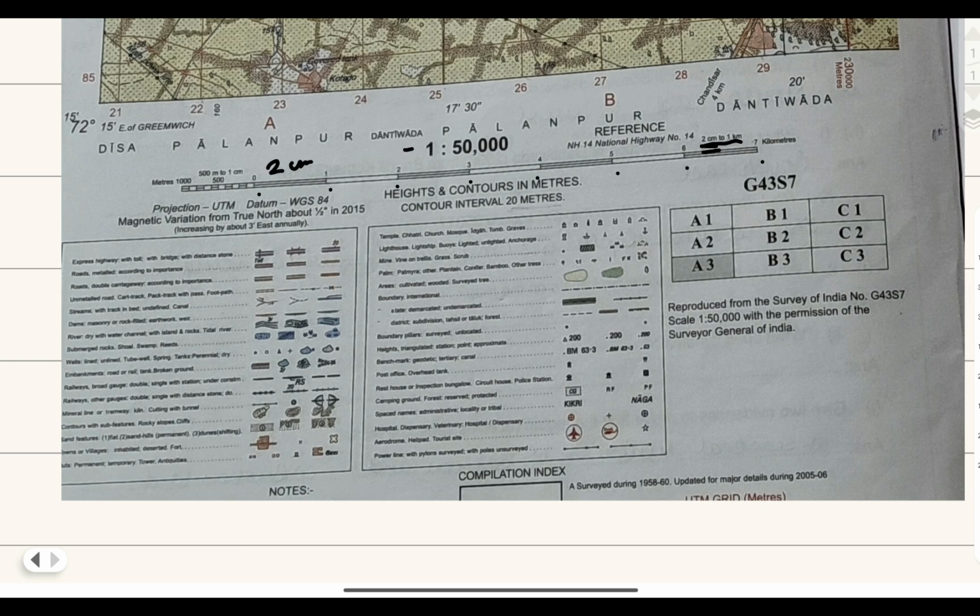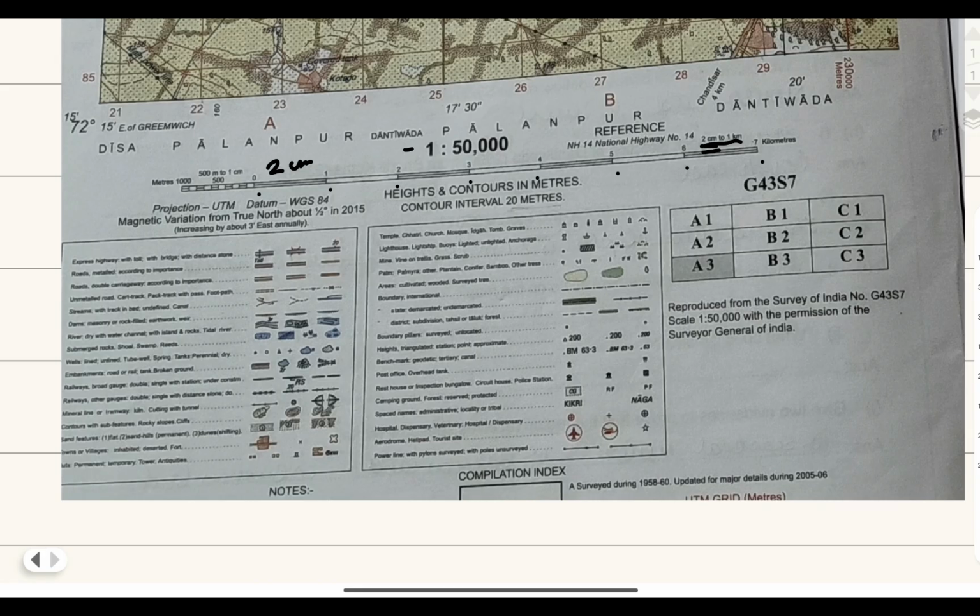Okay, so I feel the topographical map sheet is very interesting. I have just introduced one small topic today, that is, what is scale. Definition definitely comes. Scale is a ratio between the distance of two places on the map and the corresponding distance between the same two places on the ground. There are 3 types of scale.